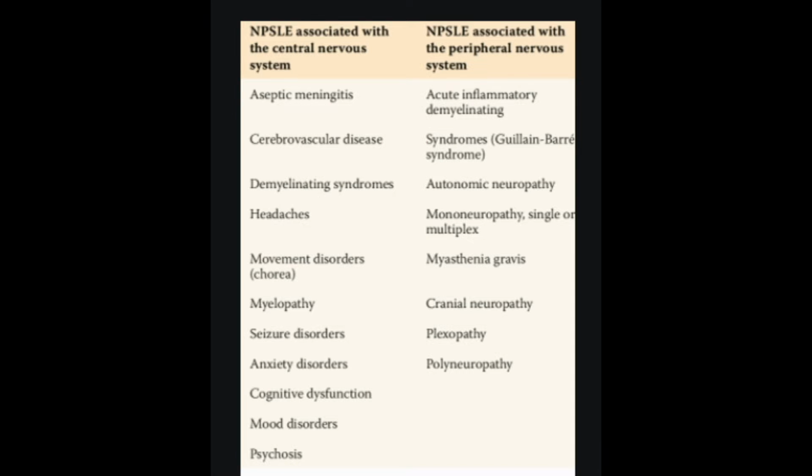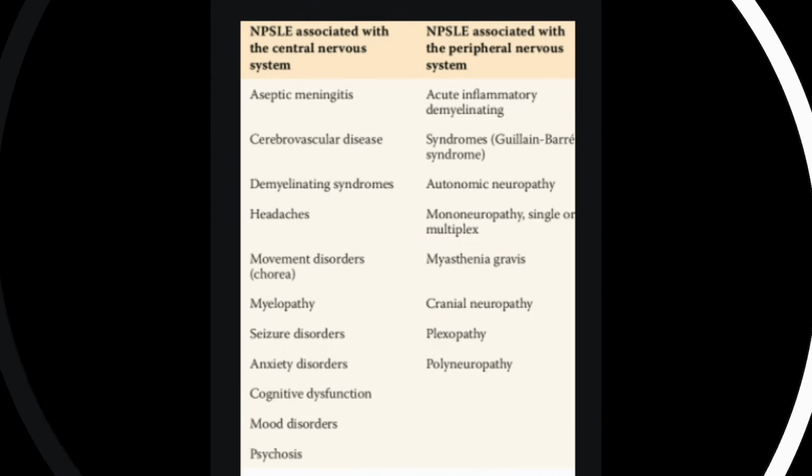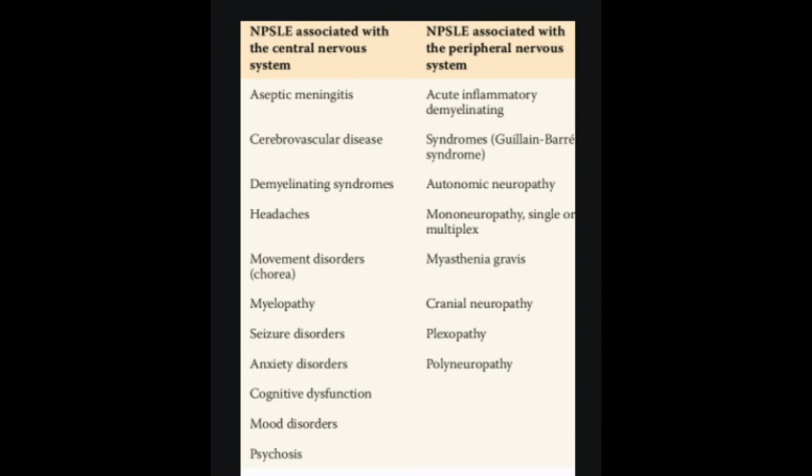7. Neuropsychiatric manifestations of SLE. 1. Neuropsychiatric syndromes can result when SLE affects the central or peripheral nervous system. 2. The American College of Rheumatology defines 19 neuropsychiatric syndromes in systemic lupus erythematosus. 3.